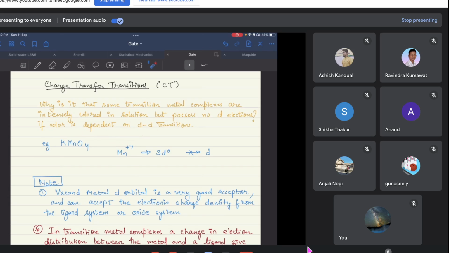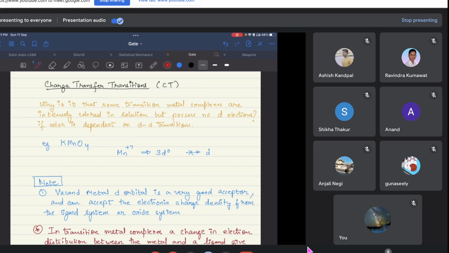So if there is no electron in the d orbital of the metal, then what is the reason for the intense color? For example, KMnO4, where manganese has oxidation state +7 and electronic configuration 3d0, so there is no electron in the d orbital.